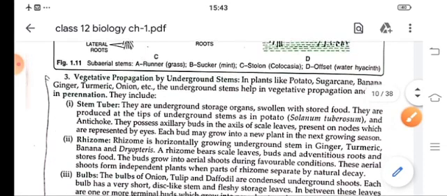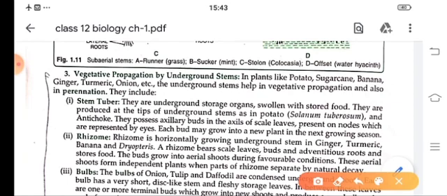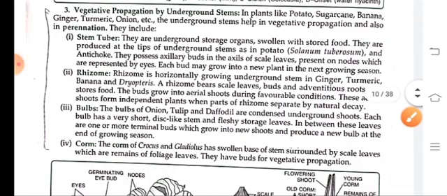So this vegetative reproduction which is done by underground stem is found in potato, sugarcane, banana, ginger, turmeric, onion etc. Now these underground stems help in vegetative reproduction and also in perennation. They include stem tuber, rhizome, bulbs, then corm.